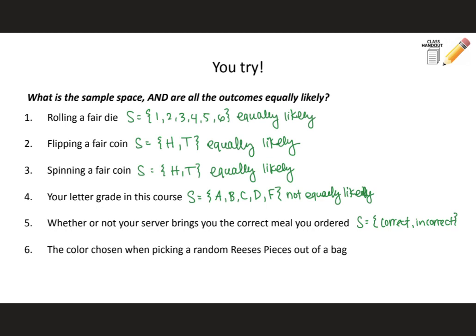Well, if you think about it, if you order something really simple and you don't make any changes, like you just order a burger and fries, then you're more likely to get the correct order versus someone who has a lot of modifications to a meal. So maybe you want a burger, but you don't want lettuce and you want mustard on one side. So in this case, whether it's correct or incorrect is not equally likely.